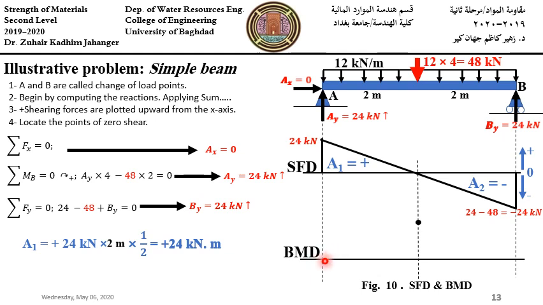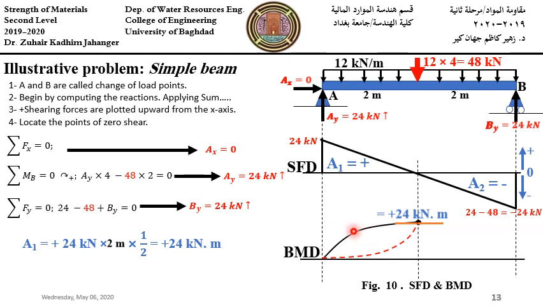To draw that second degree curve, we need to know where the zero shear is. We draw a horizontal straight line on the second degree curve between 0 and 24. It can be like this or like this.